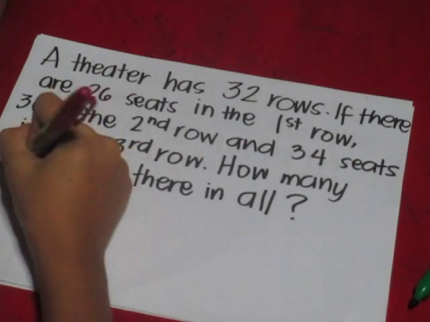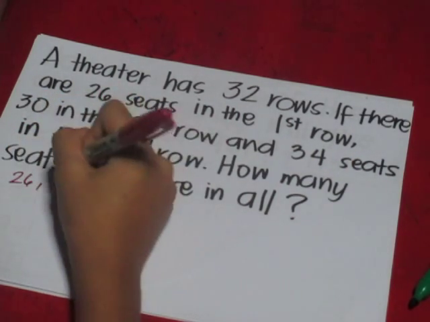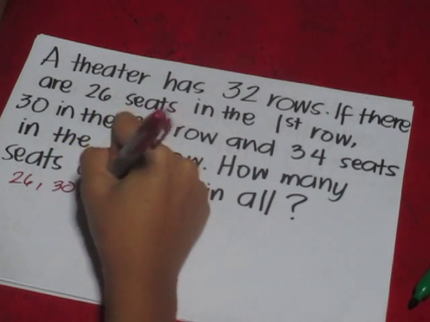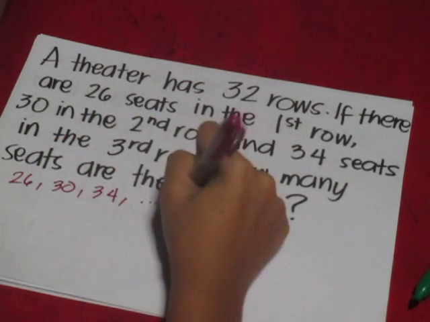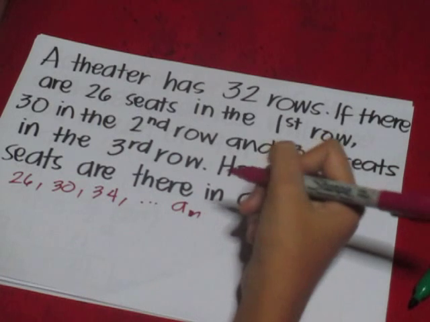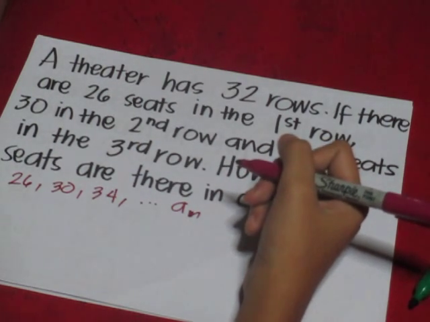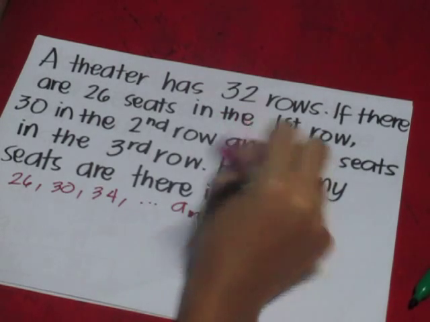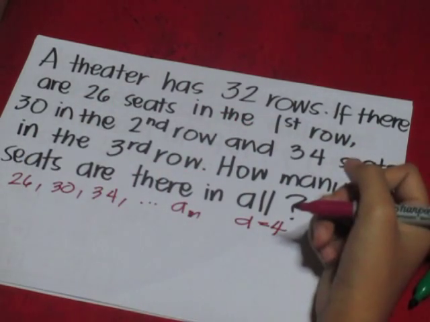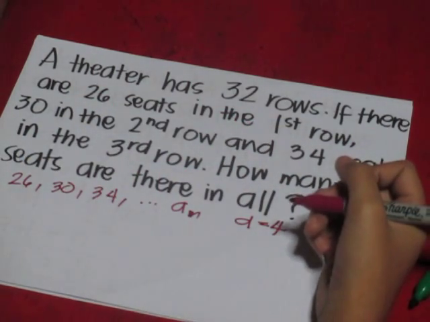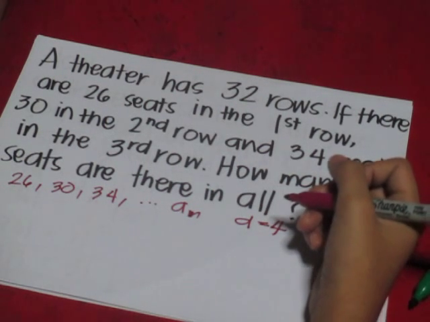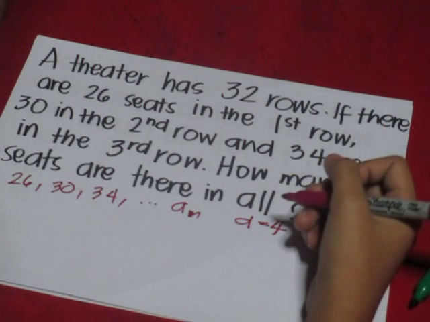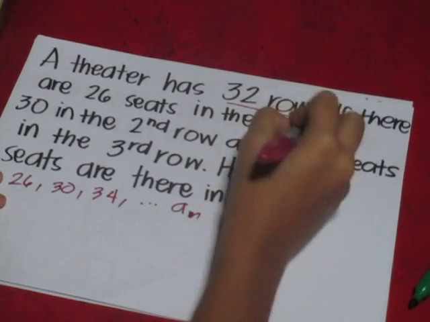So we're going to write the given sequence of numbers. So now, let's find the common difference, which is 4. And then, we're going to find the missing. Let's find for the last term, which is 32.